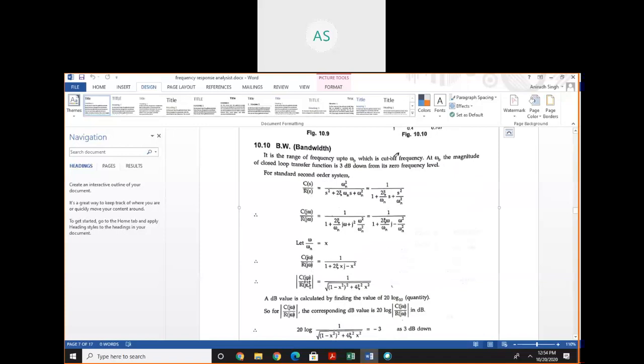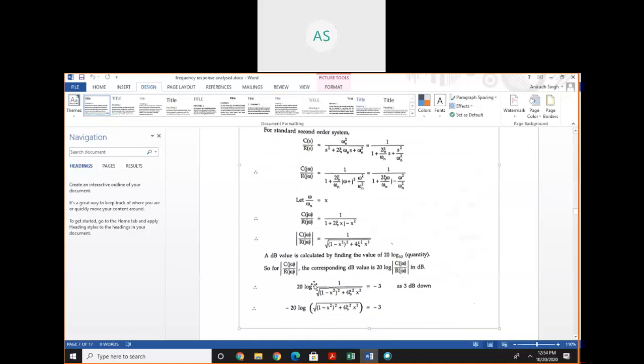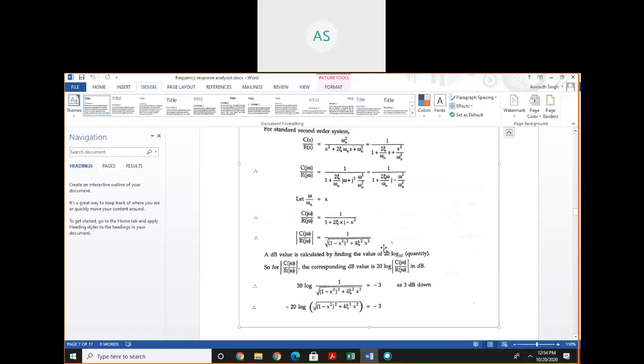C(S) by R(S) is given by this expression, and then we put S equal to j omega, and omega by omega n equal to x. We get the value of C(j omega) by R(j omega), and then we calculate the magnitude of C(j omega) by R(j omega), which is given by this expression.